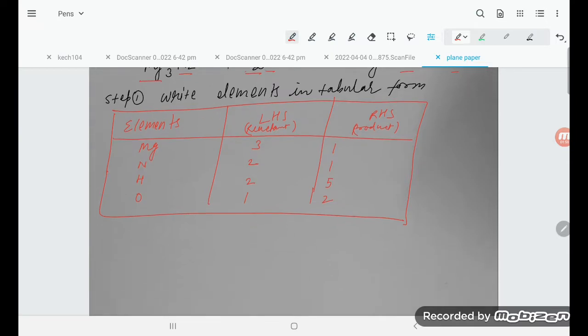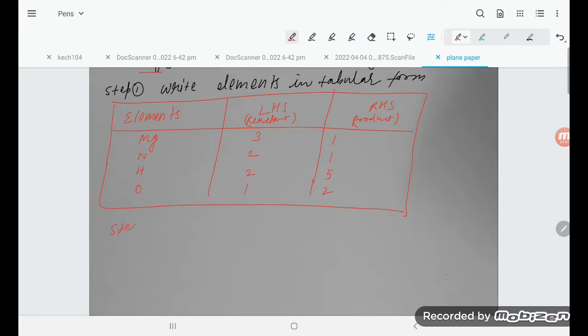Now step number 2: select the compound containing the element of maximum times.